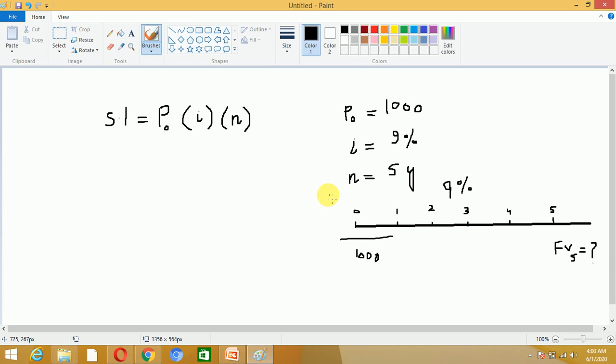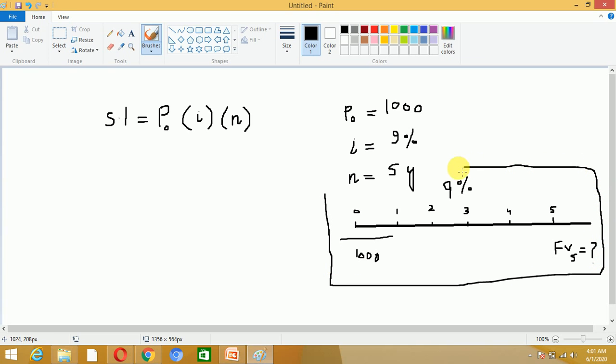This whole diagram is called the timeline, on which we are showing the time period from 0, 1, 2, 3, 4, 5. These are showing the number of years. This is your present value, that is P naught.